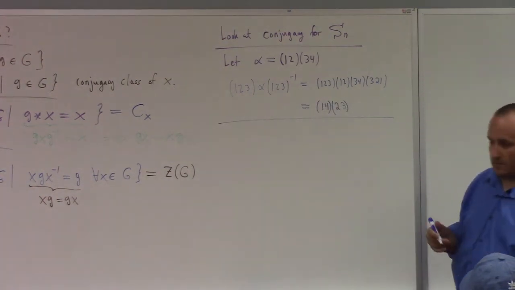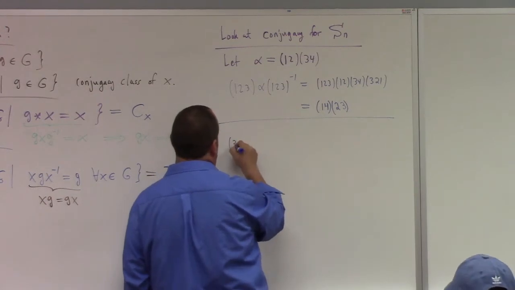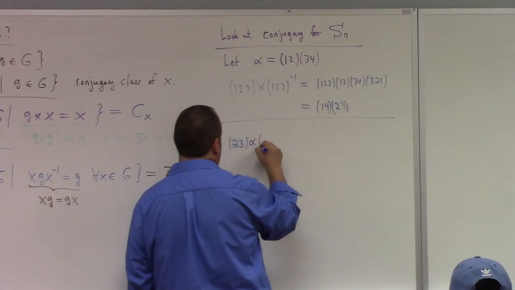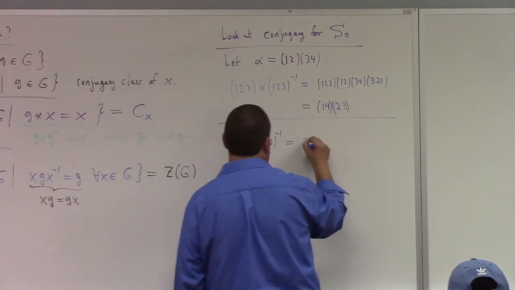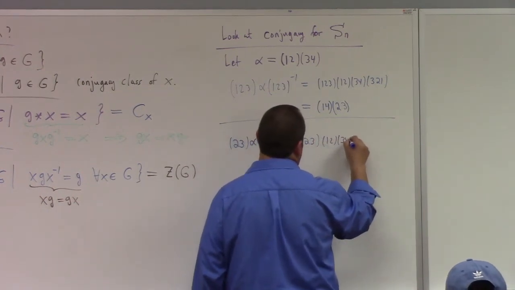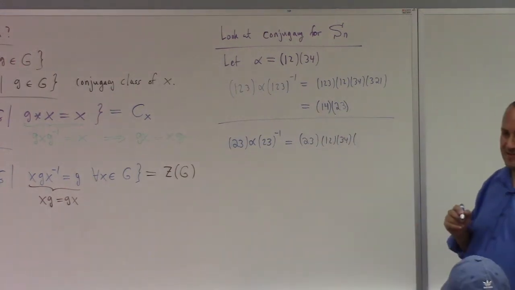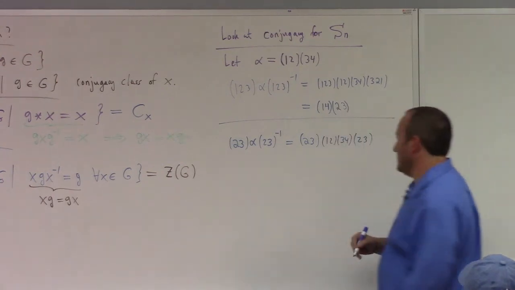Let's pick another one. How about, what if we did like (2 3)? Let's conjugate by (2 3) alpha (2 3) inverse. What's (2 3) inverse, by the way? Yeah, (2 3) is its own inverse, right? Because it's order 2. So work this out.